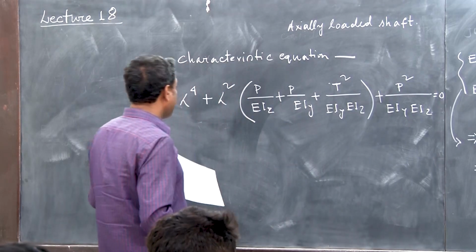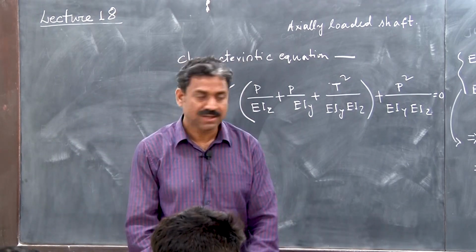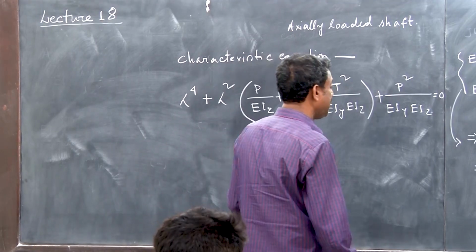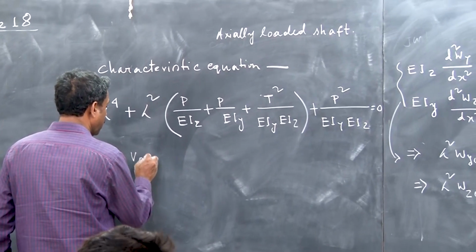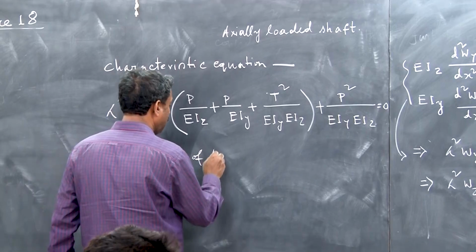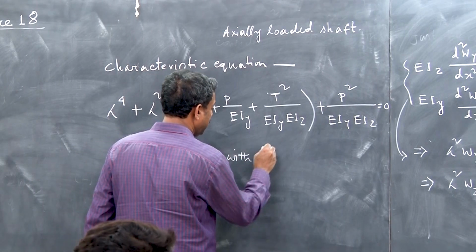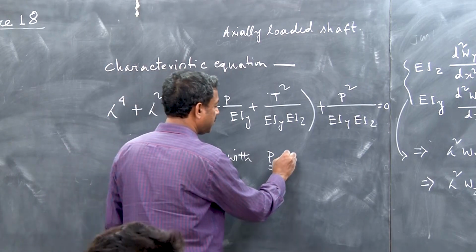This will give a set of eigenvalues and eigenvectors, right? Now with P, you have to see the variation of lambda with P, the axial force, and of course torque.